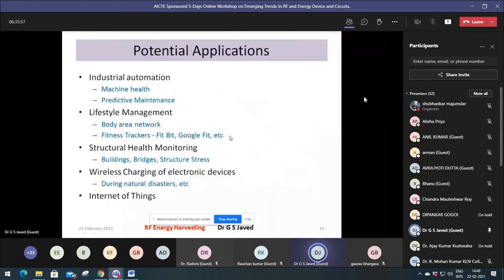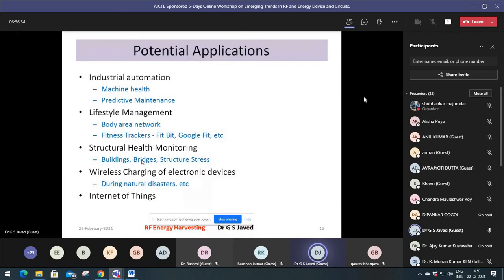So what are the potential applications we are looking at? You can see a lot of these applications coming from industrial automation, for example, machine health and predictive maintenance, and lifestyle management of human beings, where you're looking at body area networks, fitness trackers like Fitbit, Google Fit, etc. Structural health monitoring, where you're looking at sensor-based checks for buildings, bridges, structures, and more relevant to Meghalaya would be the mountainous structures and how you can understand the strength, structure, and health of those components without majorly affecting them.